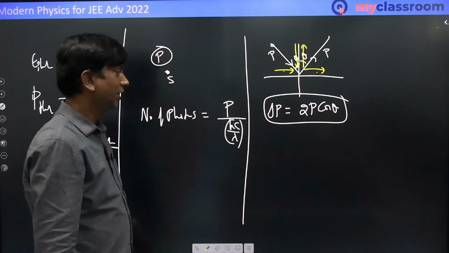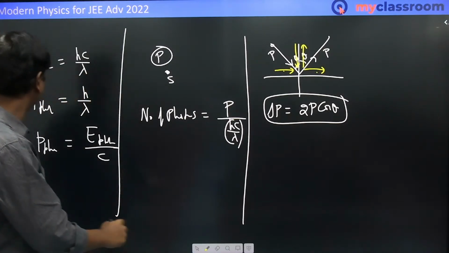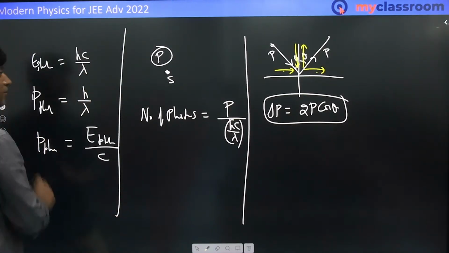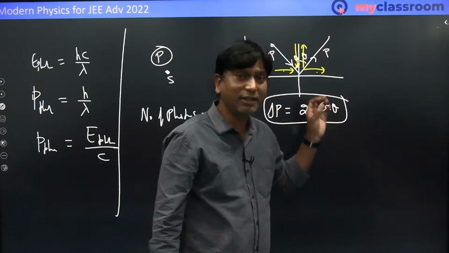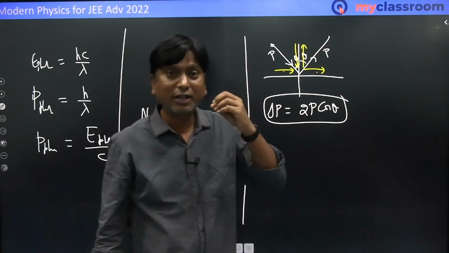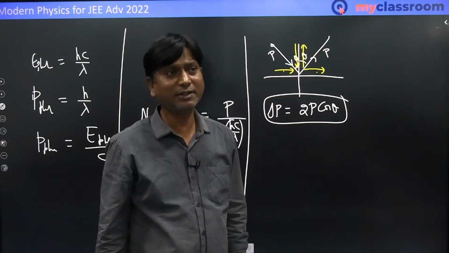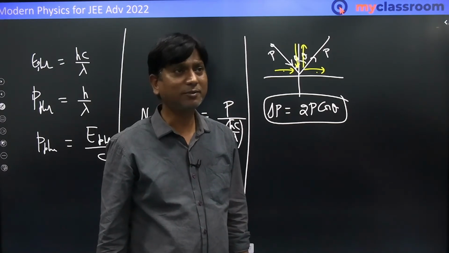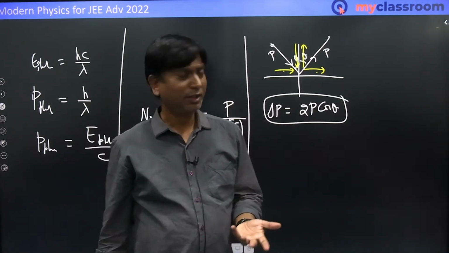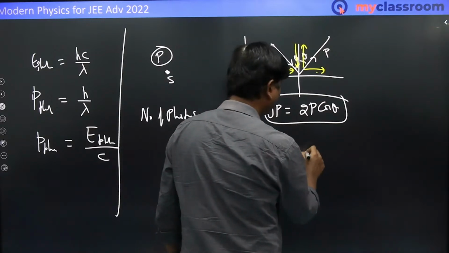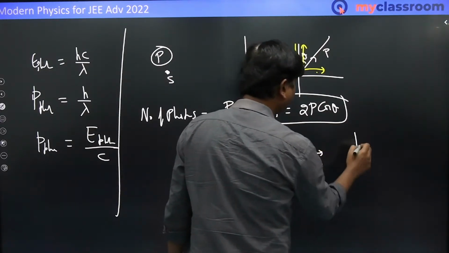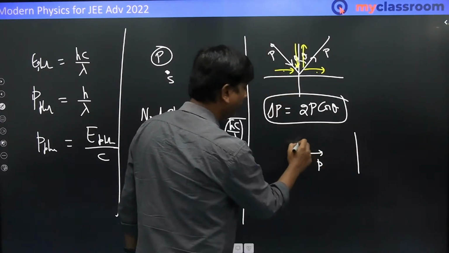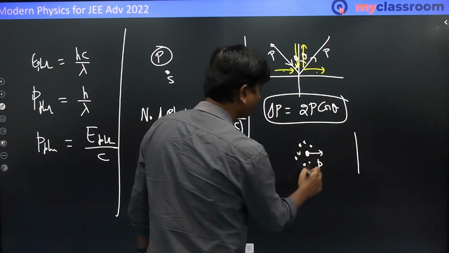And one more basic concept: whenever particles are continuously coming and hitting a surface, suppose an electron with some momentum p hits the surface, and like that so many electrons are hitting continuously.